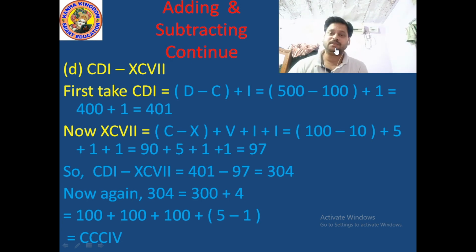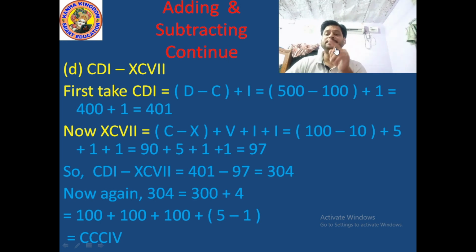Minus XCVII. Again we check it, is this one also in the descending order? Is X greater than C? No, X is not greater than C. So here also bracket C minus X, bracket close, plus V plus I plus I, where C equals 100.